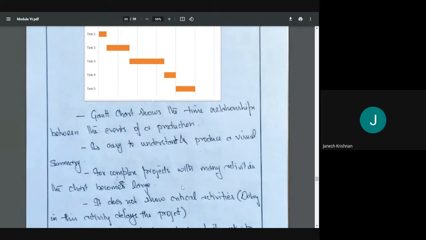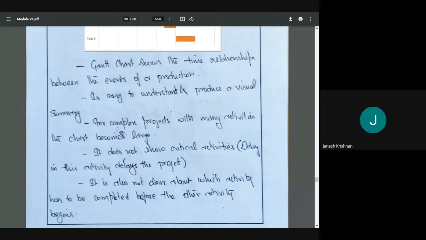For example, here task 1 is a critical activity because if task 1 is delayed, task 2 will be delayed. We can say this only after analyzing the critical path. So just understand the terms. It is also not clear about which activity has to be completed before the other activity begins.